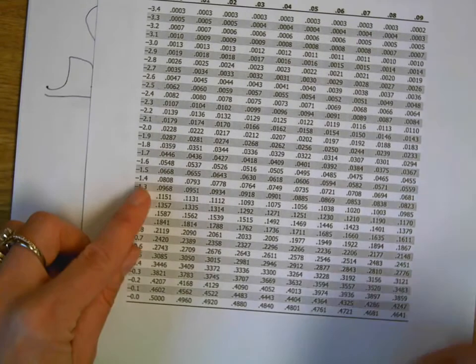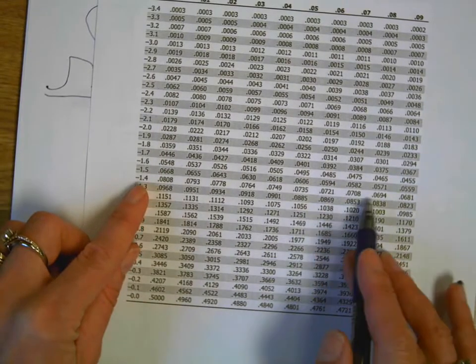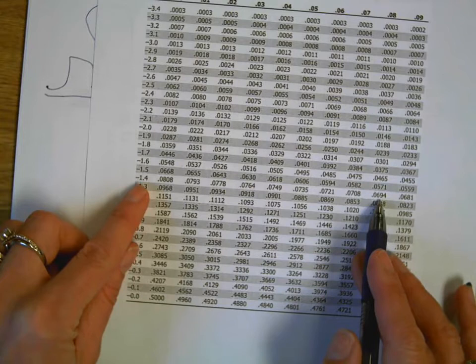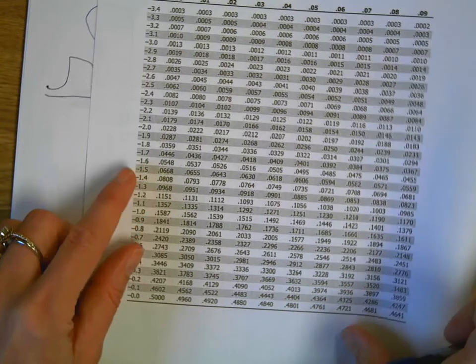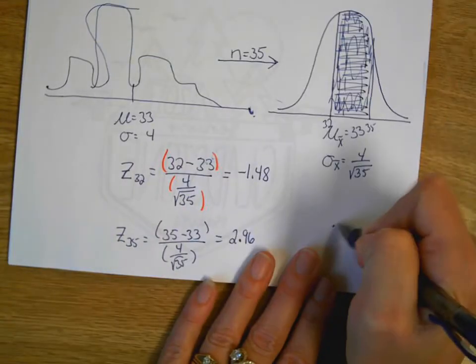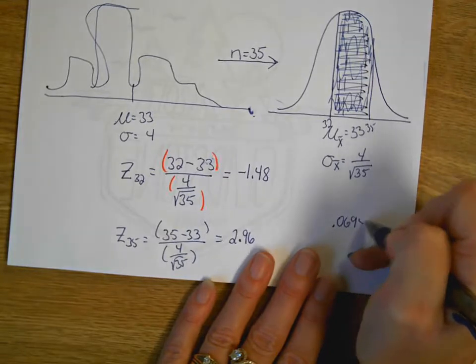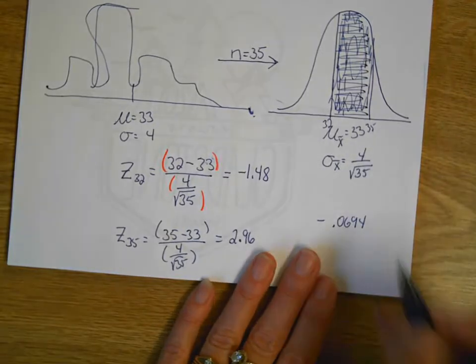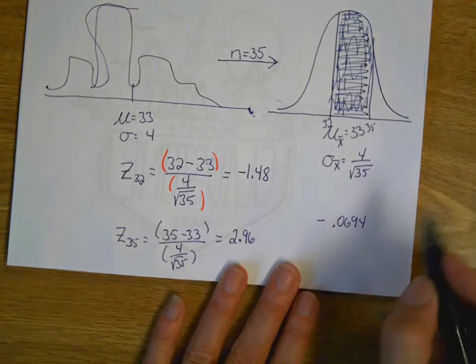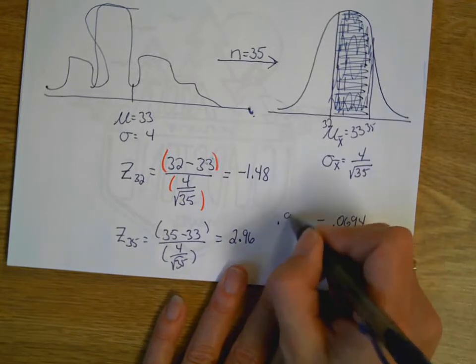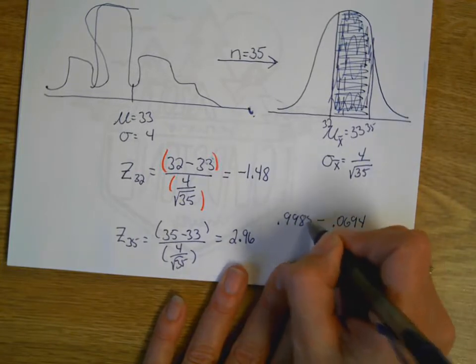So the negative 1.48, .0694, if my eyes are correct. That'll be the one that's being subtracted. Did anybody look up the 2.96 one? .9985.